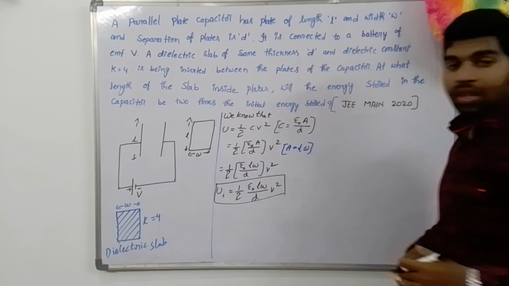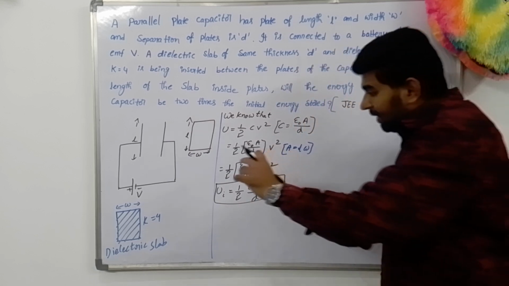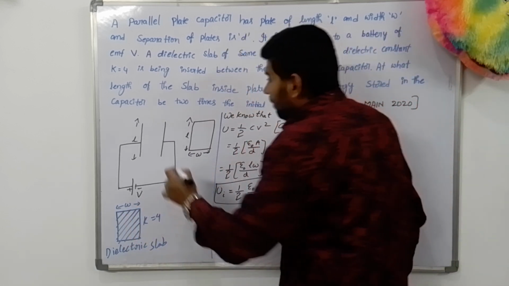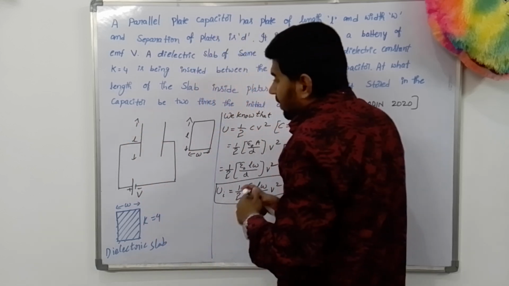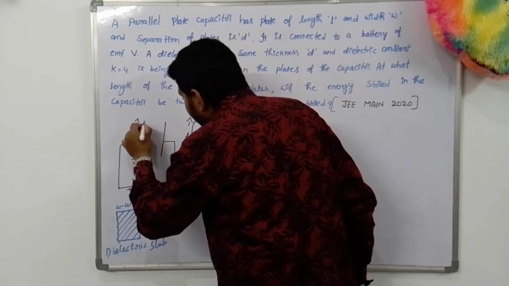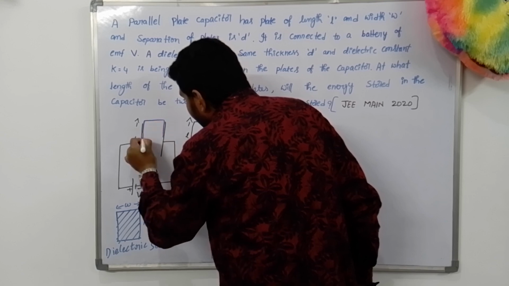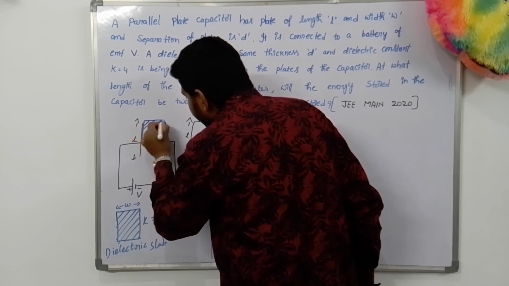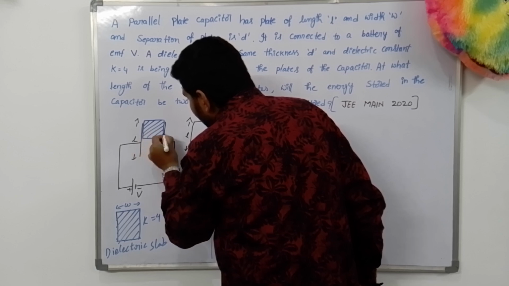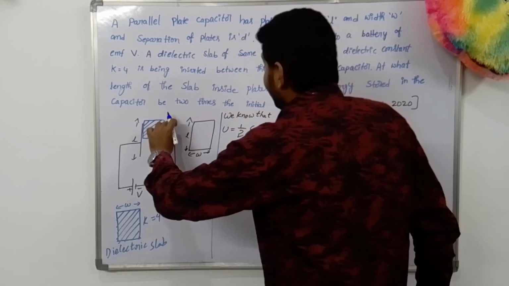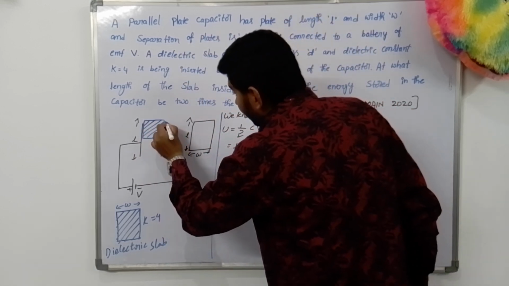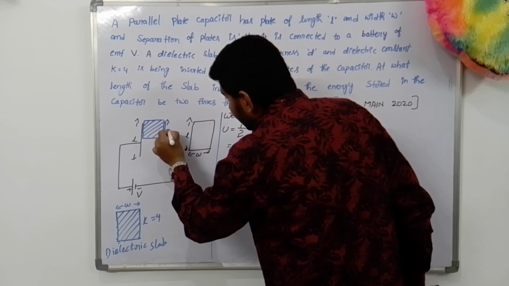Now what they are asking, if you place the dielectric slab between these two plates, if I place the dielectric slab between these two plates, they are asking at what length. Here, let us assume this is L1.